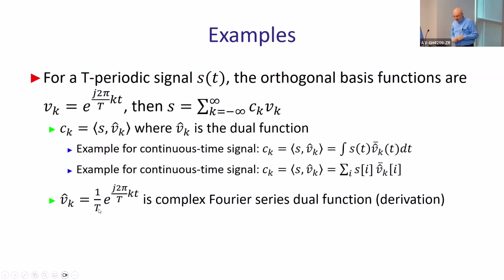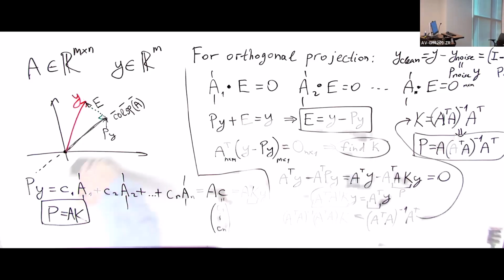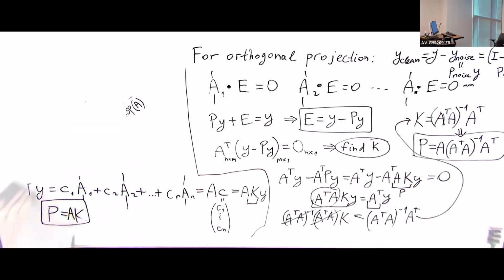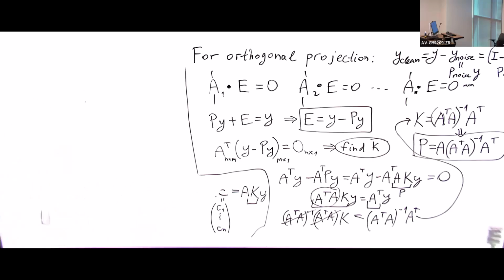All right, so here's the idea. Here's how you get it, just to see where it is coming from. A relatively simple computation, just coming from properties of complex numbers. So you have that vk as exponent of j 2 pi divided by T times kt, right?